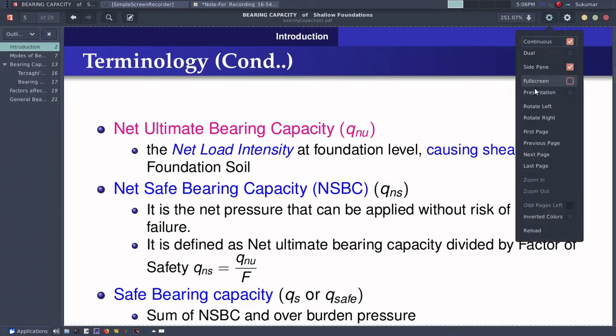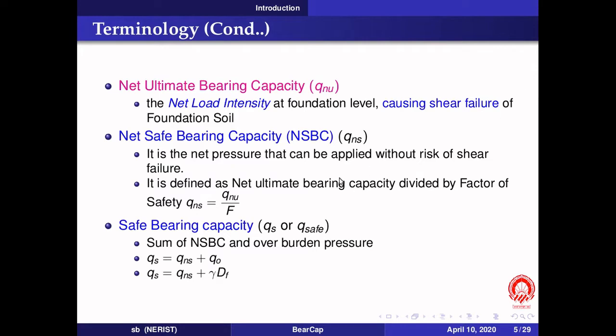So next, we need to design our foundation so that we are safe against shear failure and also safe against excessive settlement. Accordingly, we define net safe bearing capacity, which is the net ultimate bearing capacity divided by a suitable factor of safety. That is called net safe bearing capacity, and it is denoted by QNS, that means Q net safe.